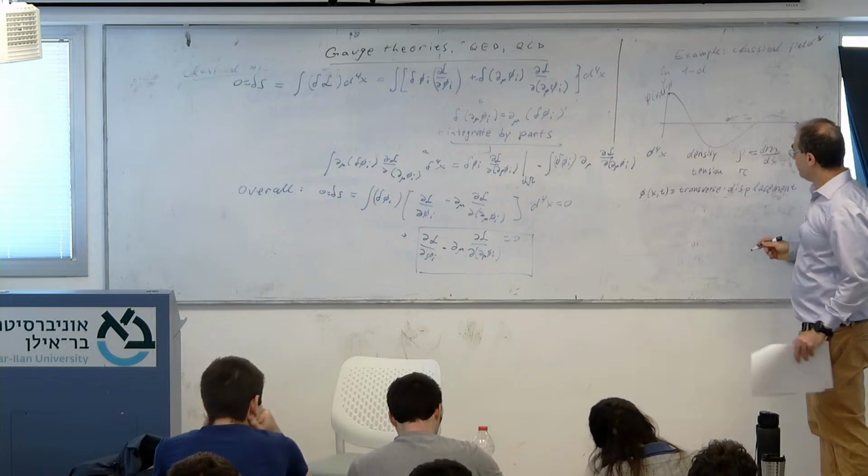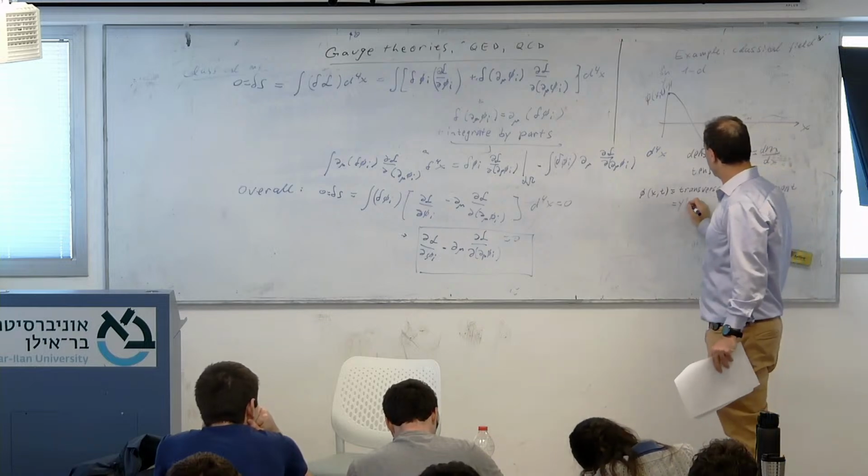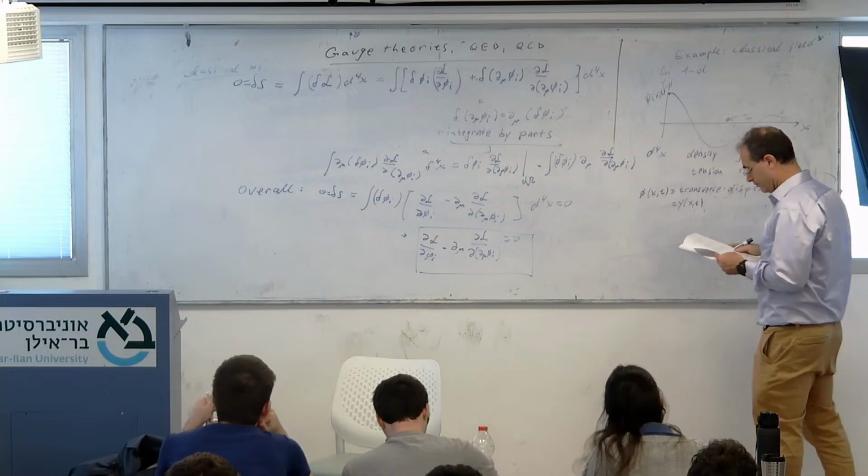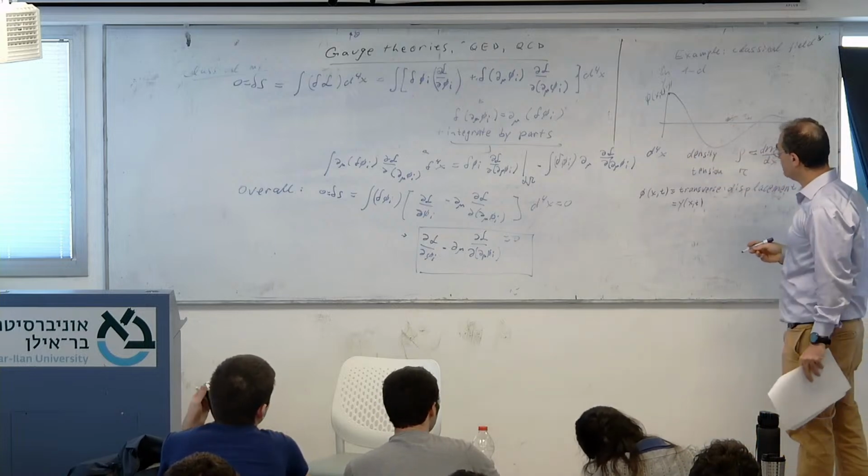So really it's phi of x and t, it's a function of x and t. So what is dt phi?